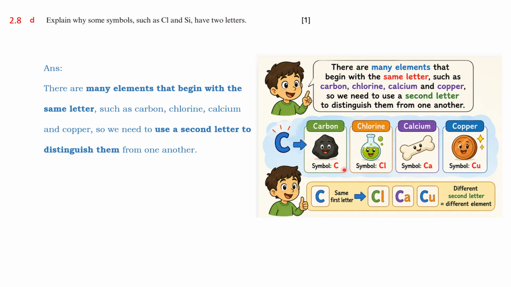So in order to avoid that confusion, scientists came up with the idea that for other elements we can use the second letter of their name, which makes them distinguishable and easy for users to understand. This is why we use two letters for some of the elements.